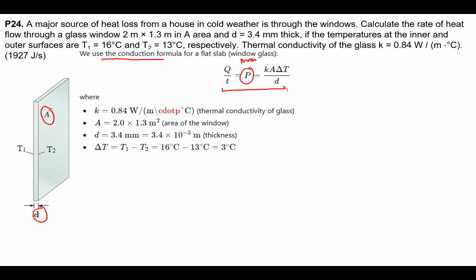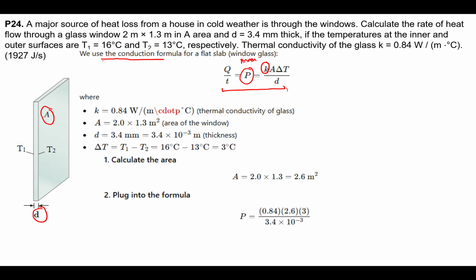It is given by the thermal conductivity, area, distance, and the temperature difference. Once you memorize this formula and apply it to this situation, the problem is fairly simple. You know what the area is, you get P, and then we can find out how much it is.